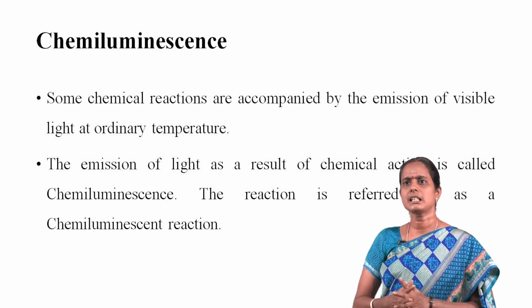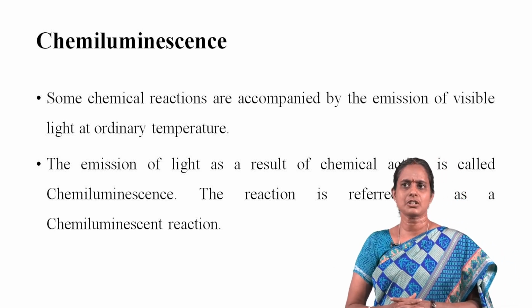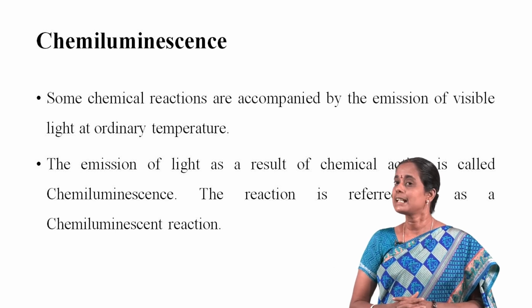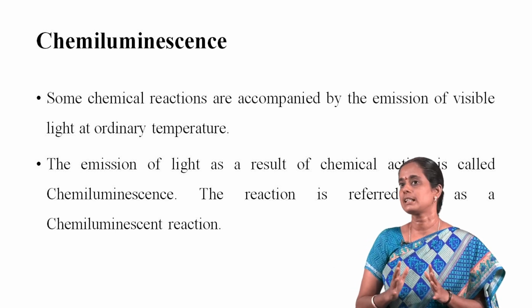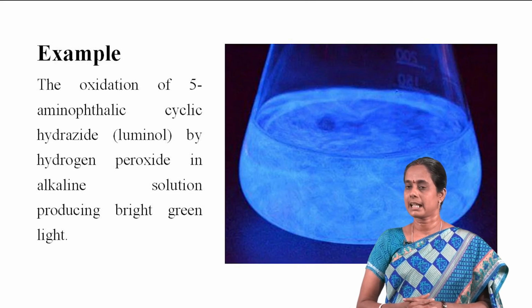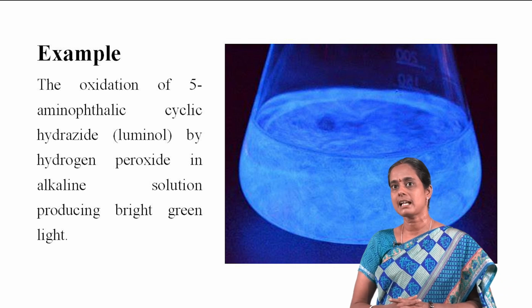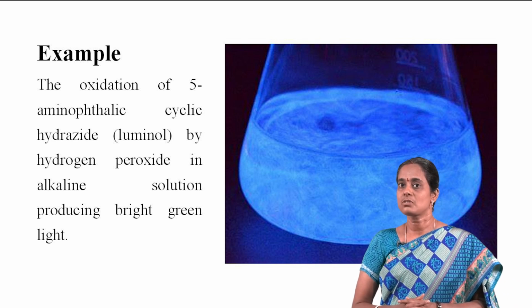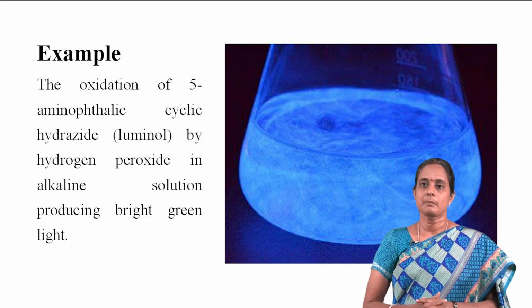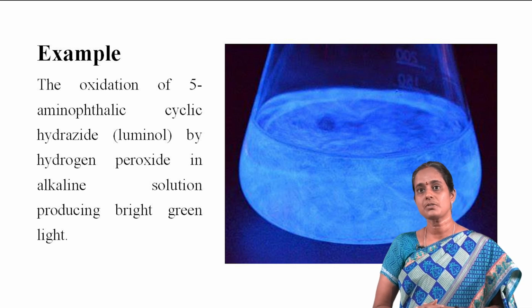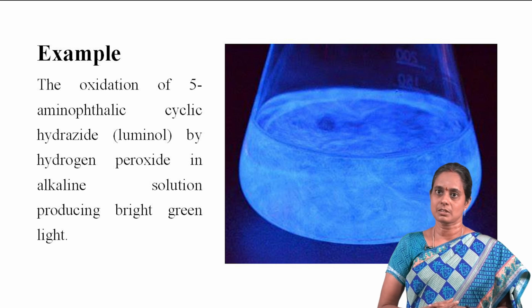The light emitted is also called cold light because it is produced at ordinary temperature. One example is the oxidation of 5-aminophthalic acid hydrazide, known as luminol, by hydrogen peroxide in alkaline solution producing bright green light.